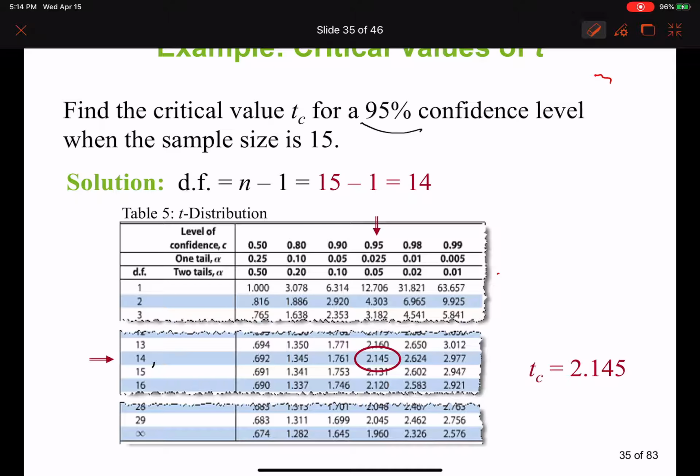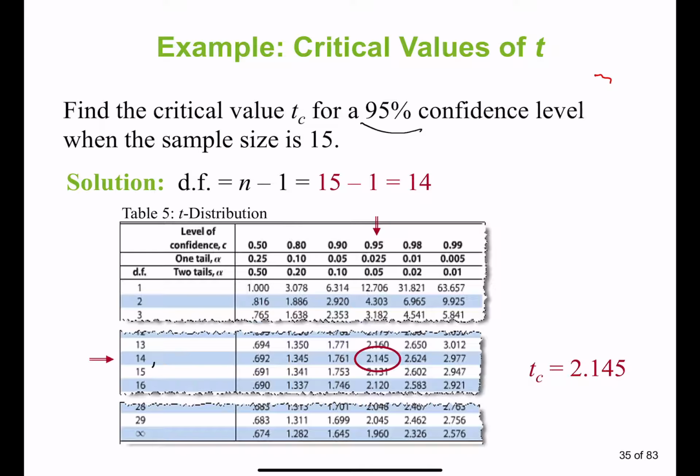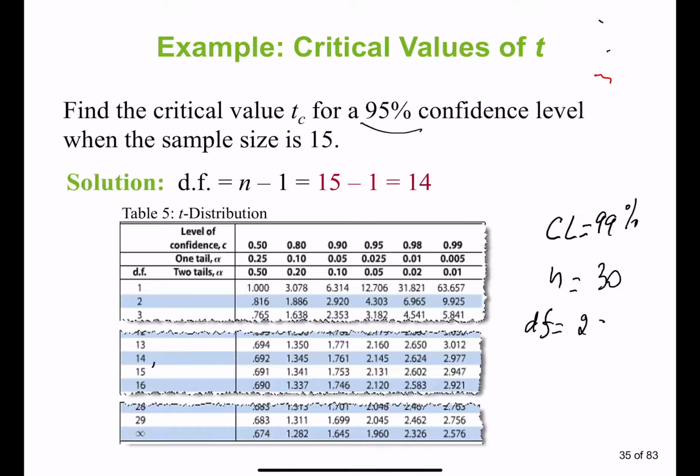So let's assume we want to know, one tail is given, our confidence level is, for example, 99%, and n is equal to 30, which means the degree of freedom is going to be equal to 29, right, n minus 1.